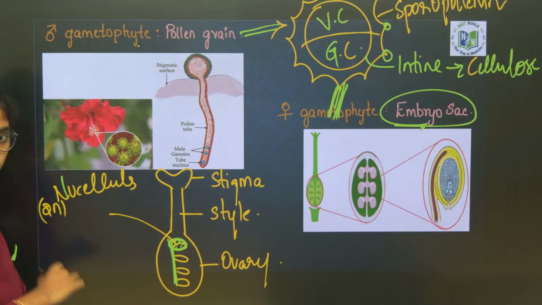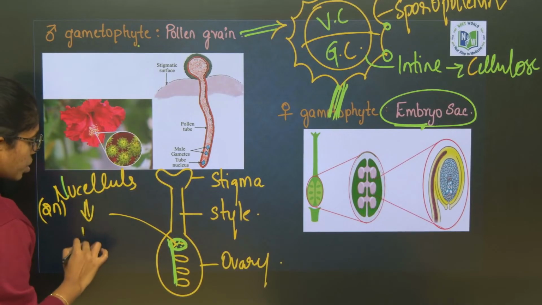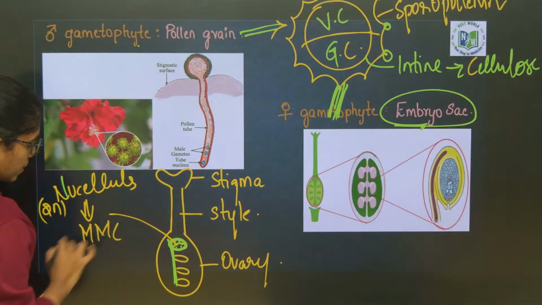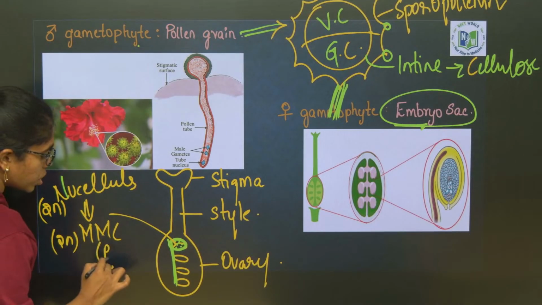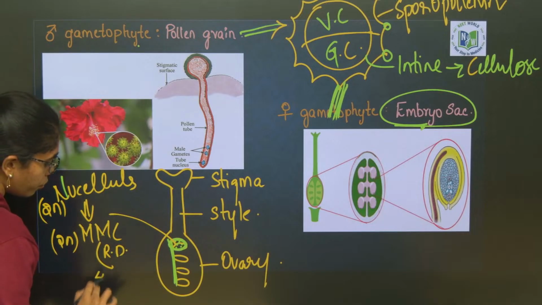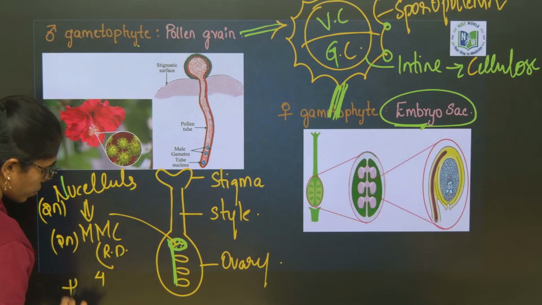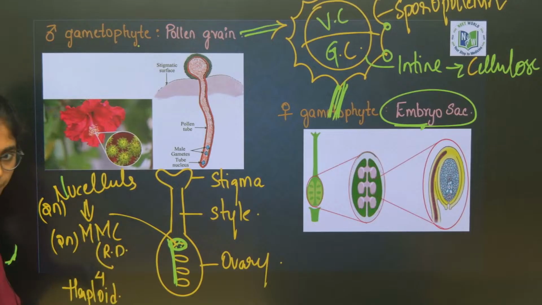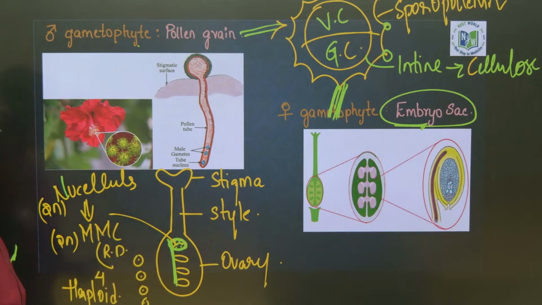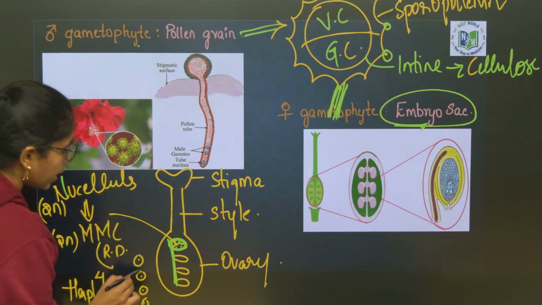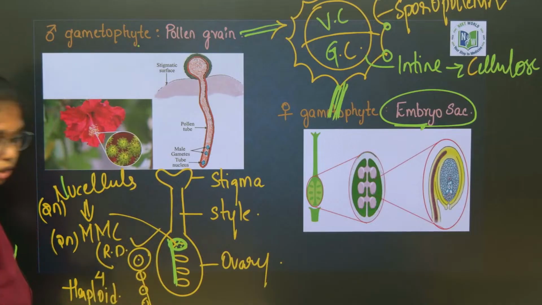Nucellus cells are diploid. One of the nucellus cells will differentiate into the megaspore mother cell, which is diploid. After meiosis, a reductional division, it will form four haploid megaspores in a linear fashion, of which three will degenerate and one will be functional.